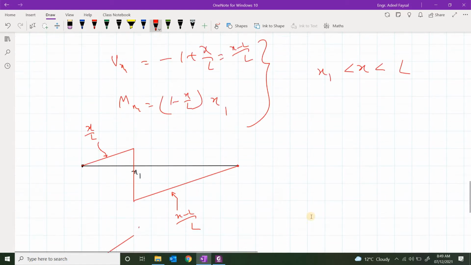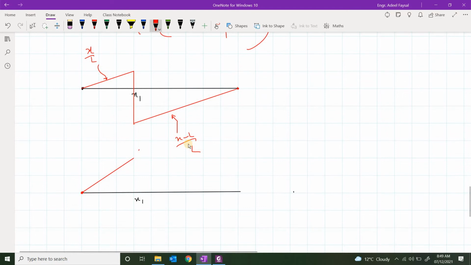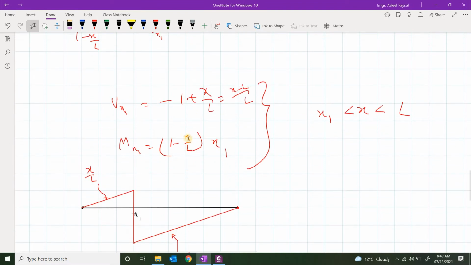And then looking at the second part of the equation for this second region, if you look at the bending moment, the equation for M(x1), you see again it's supposed to be a straight line because it's a first degree line in terms of x. So if you put x equal to L in this expression, you get 1 minus 1, which becomes 0. Again, it means you will be ending up over here. And then you only need to see the value for, maybe just put x equal to x1 in this expression.